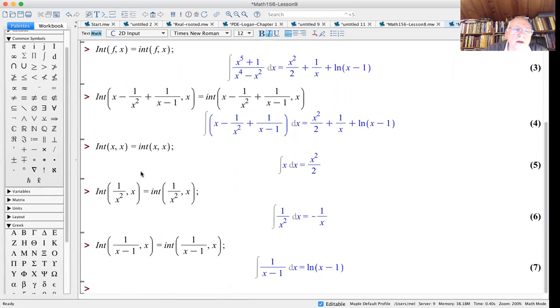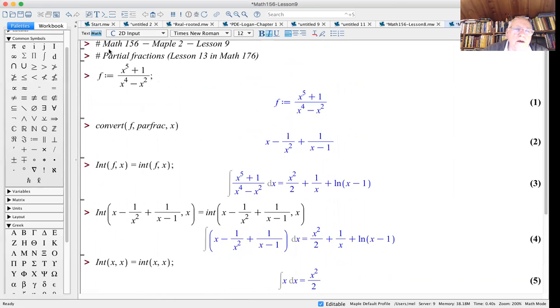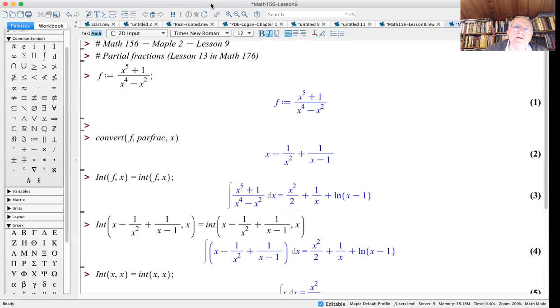There we are. So here we have this function, a rational function, that means a quotient of polynomials, converted to partial fractions. So let me just rearrange this so it looks a little bit more interesting.